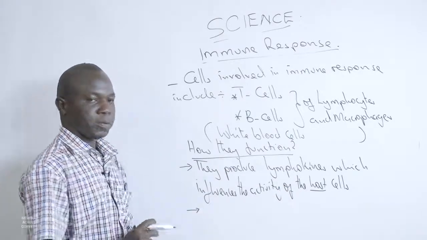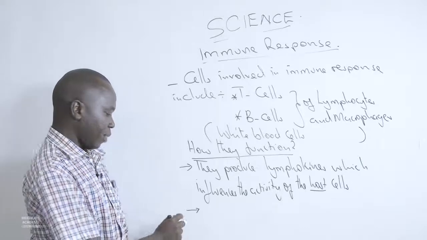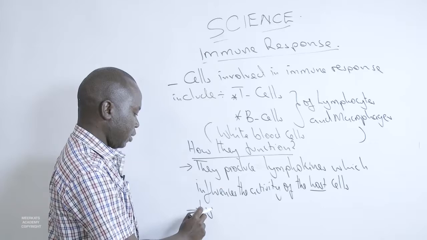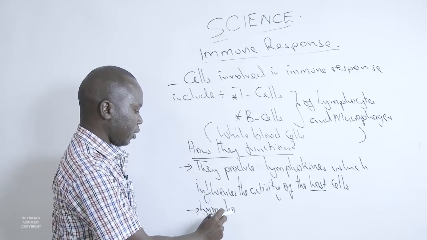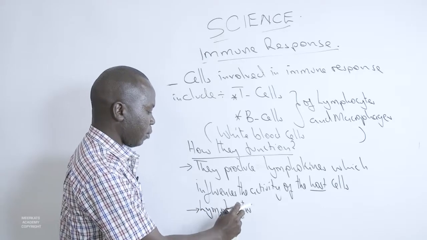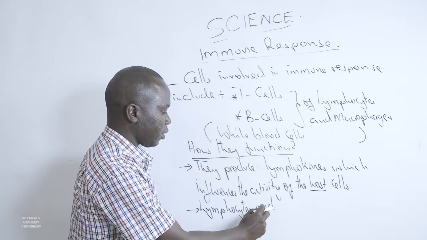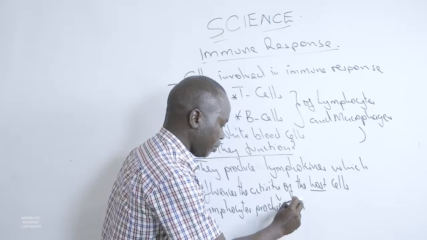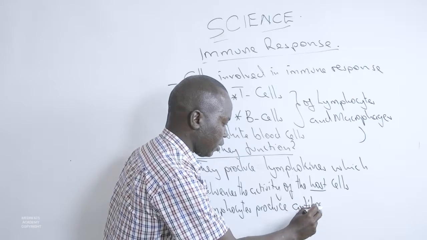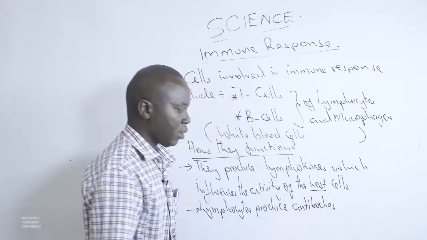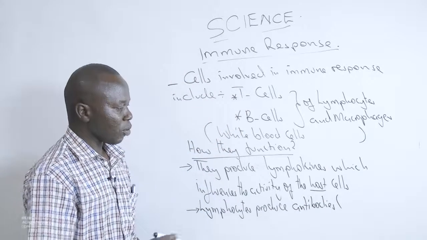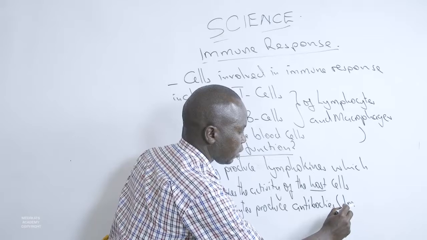How will they function? Some of them, like the lymphocytes, will produce antibodies, proteinous substances. The other name for antibodies is immunoglobulins.